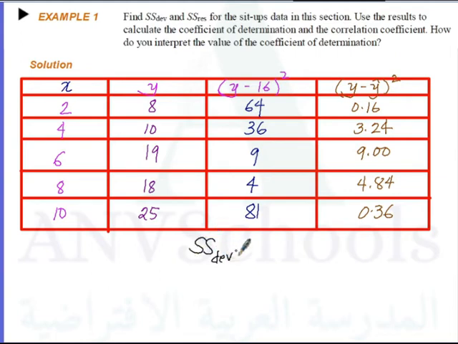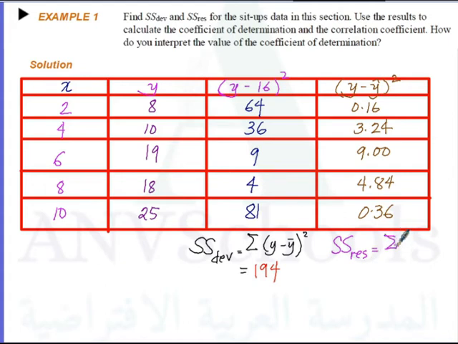So SS dev is just equal to the summation of this y minus y bar square. So just add all of this, 64 plus 36 plus 9 plus 4 plus 81, that gives us 194.